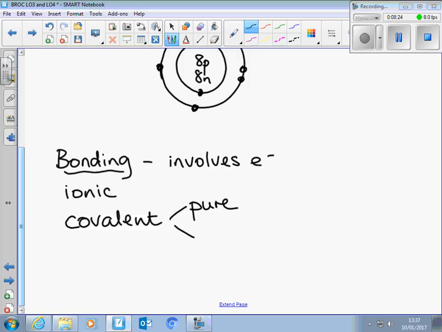Alternatively, you get the polar, that's right. So the polar covalent bond is the one where electrons are not shared equally, and it's because there's enough of a difference in electronegativity to pull the electrons one way towards one of the atoms, but not enough of a difference to actually pull the electrons off and create ions.